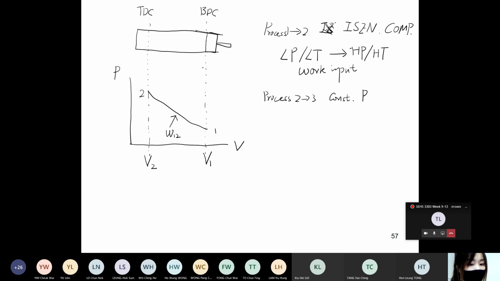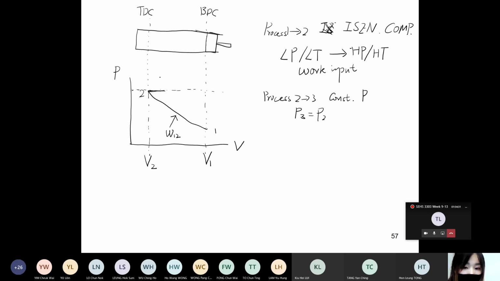Constant pressure, so that we have P3 equals P2, right? What we have is heat supply and work output, because you have movement of your piston.